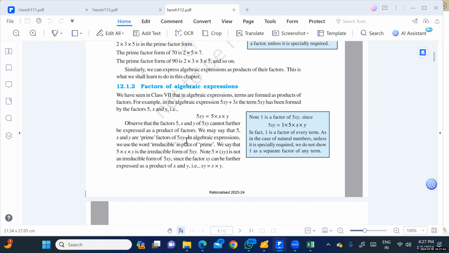Whenever you cannot further divide anything, those factors are said to be prime factors. Number or expression or term which cannot be further divided by any number.